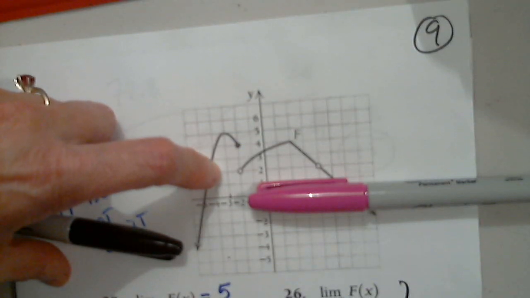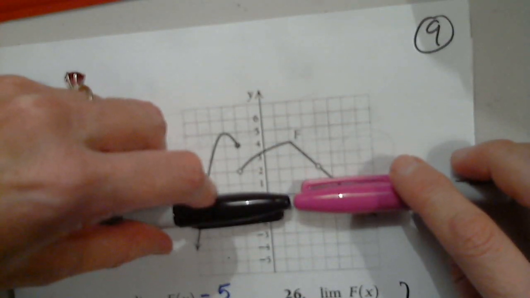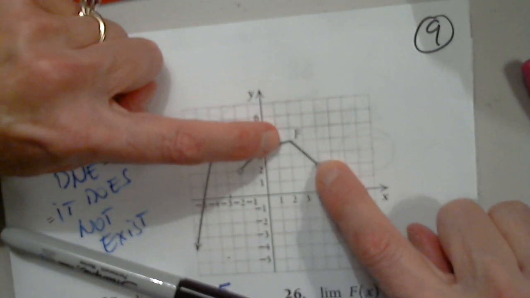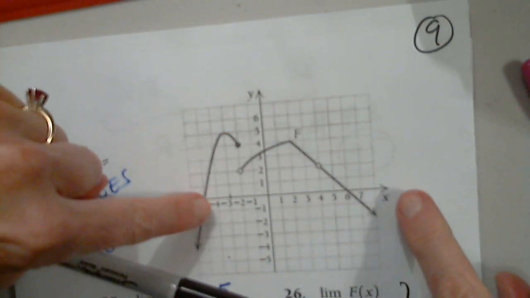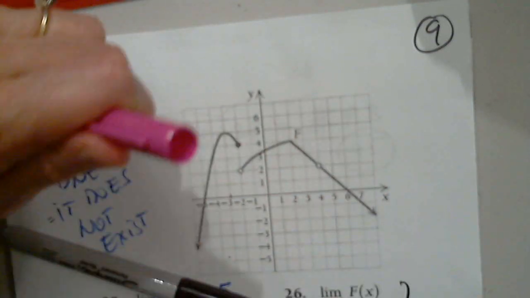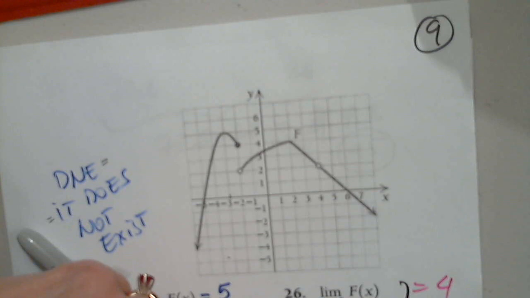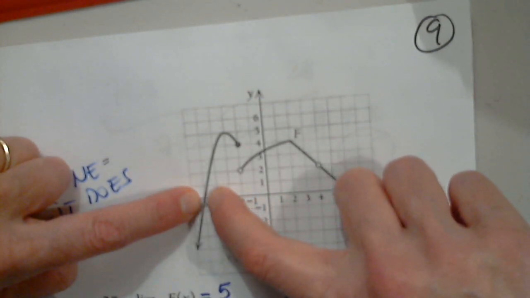Finally, we want to answer these. X approaches 2 from either side. Can anyone answer for us? 4. Yes, thank you very much. X approaches -5 from either side. 0. Excellent.